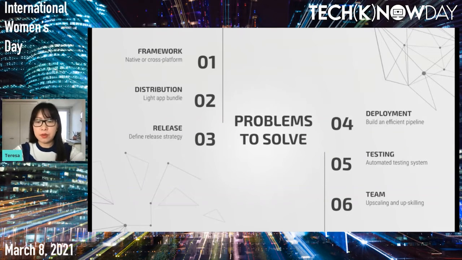Because we want to support multiple regions, and in each region, there are similarities together with varieties. What's the best strategy to support it while making sure the app bundle is light? How should we release? If we want to make changes to the app in one country, how should we release a new app? Or do we release a new app for all regions?